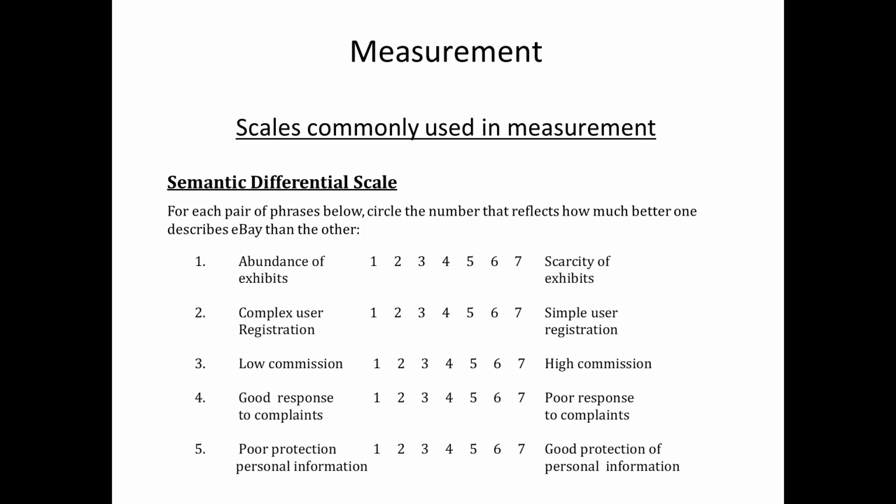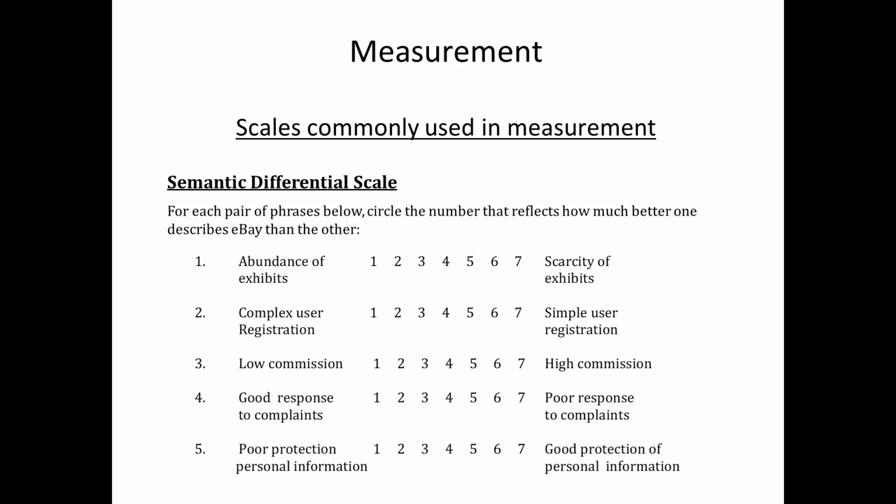For example, on one side of the scale, in the first item, you have abundance of exhibits. On the right side, you have scarcity of exhibits. The second item has complex user registration, and the right side has simple user registration. So you have opposites on each end of the scale.